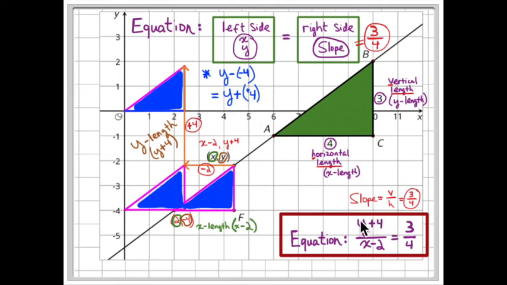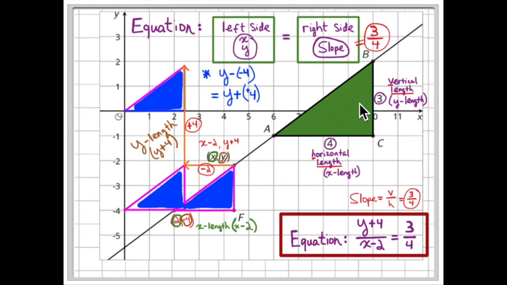So it's this ratio, the vertical distance, which is y plus 4, to the horizontal distance, which is x minus 2. And now you know where those came from. x minus 2, y plus 4. And that ratio is equal to the slope, which is also the ratio of the vertical distance to the horizontal distance. But now you can see the numbers.